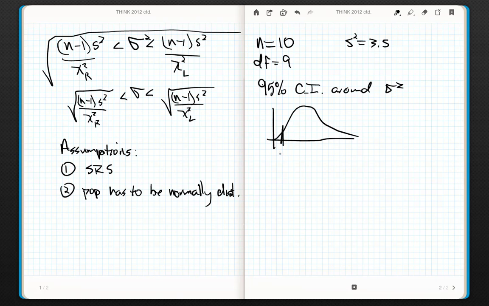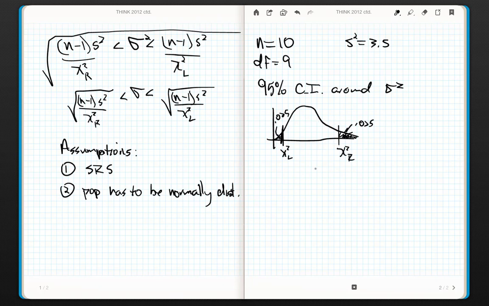When I find this chi-squared left and this chi-squared right, the area underneath this tail is 0.025, and the area under this one is 0.025. The area under the whole thing is still 1. The problem is the asymmetry doesn't allow us to do that fancy z alpha over 2 or t alpha over 2. So we have to use a different process.